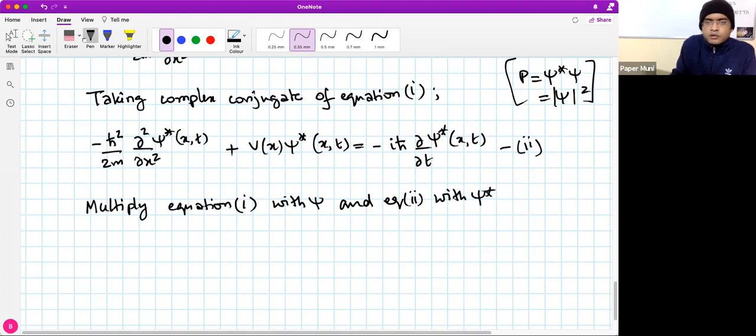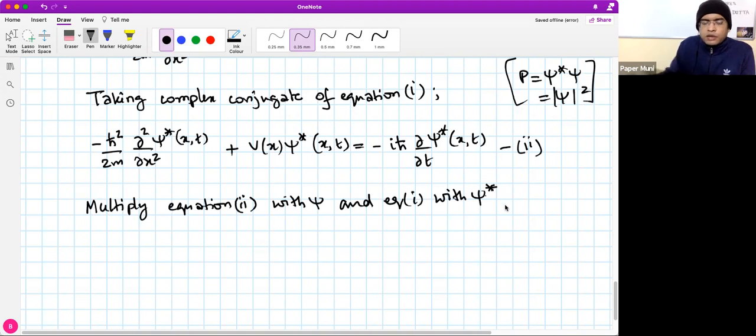Did I make a mistake here? Yeah, I made a mistake. Actually, this should be reversed. So this is equation 2, this is equation 1.